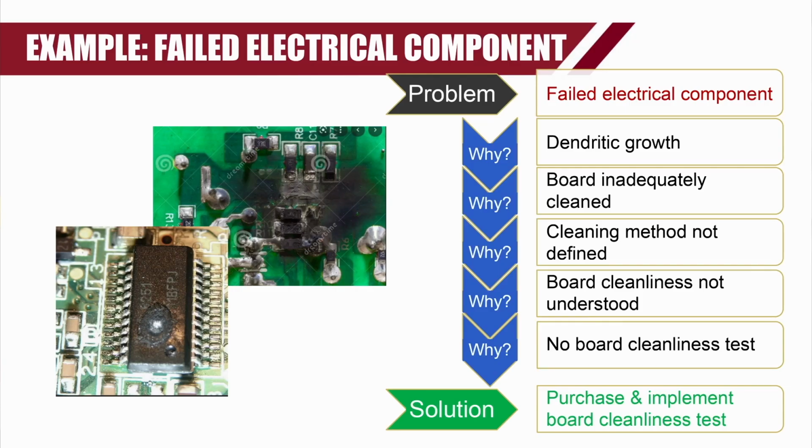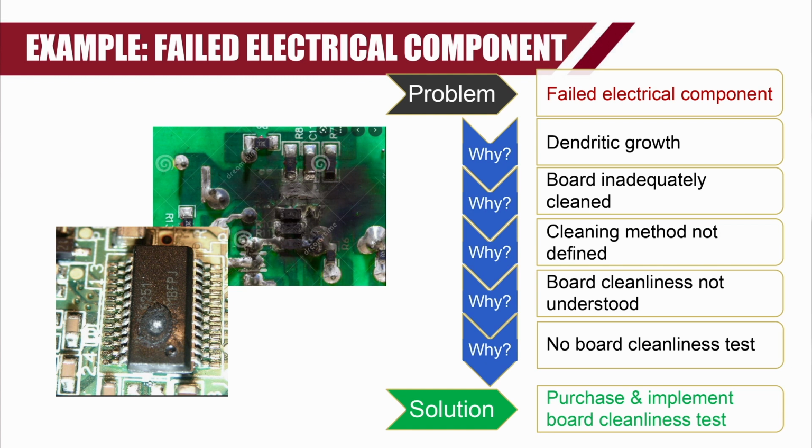And now we come to our failed electrical component problem. In this particular case, it's easy to see that we have a failed electrical component. So why did we have a failed electrical component? Well, after doing an analysis on the circuit board, we determined that the cause for the failed electrical component was dendritic growth. Why did we have dendritic growth? Well, it was because the board was inadequately cleaned. And why was the board inadequately cleaned?